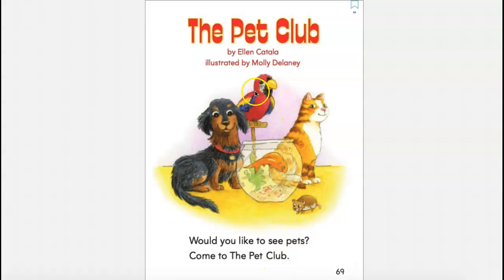Let's look at what kind of pets we see in our cover. We see a dog, a fish, a parrot, a cat, and maybe a little hamster or a squirrel.